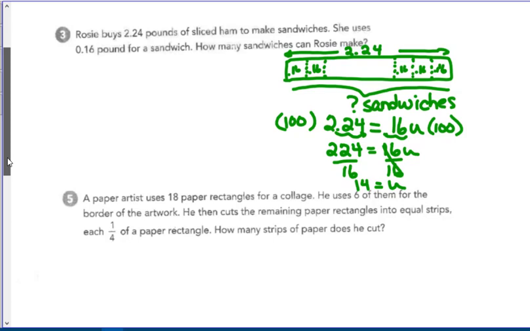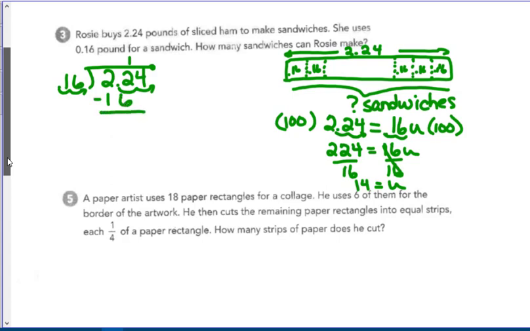You can also find this in your 6th grade textbook. Or you would do what we've been doing in class and take 2.24 and divide it by 0.16. And yes, we have to make our divisor a whole number and move our dividend the same number of decimal places. Put our decimal point up into our quotient. And I know 16 goes into 22 once.